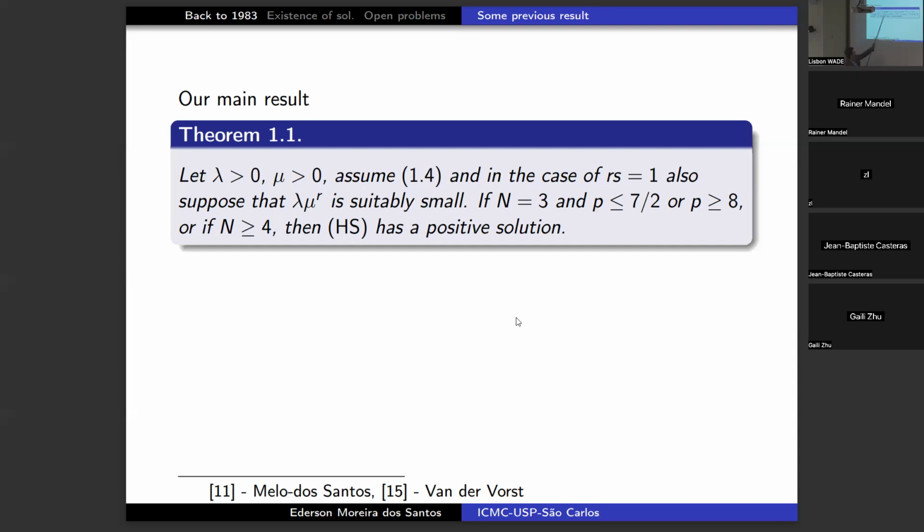So it corresponds to saying that we are below the first principal eigenvalue curve. And this is again as in the Brezis-Nirenberg problem.